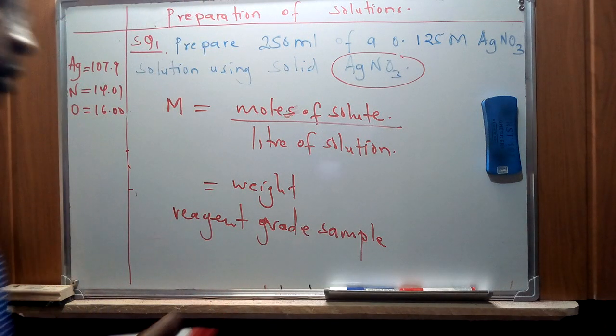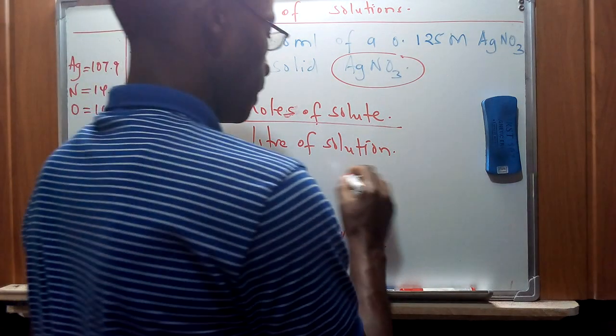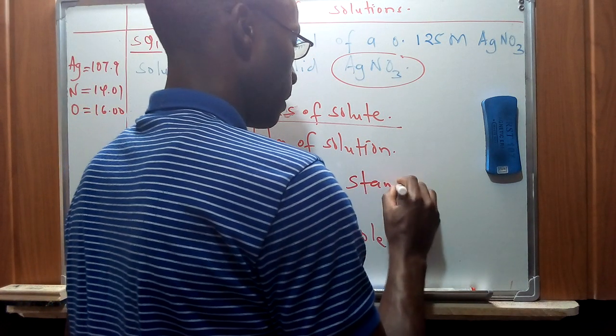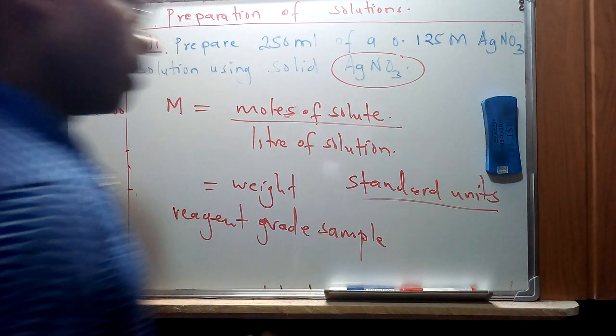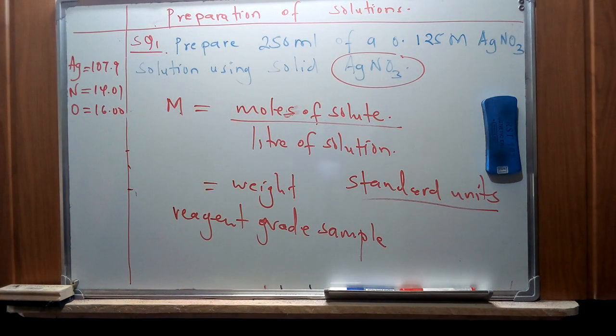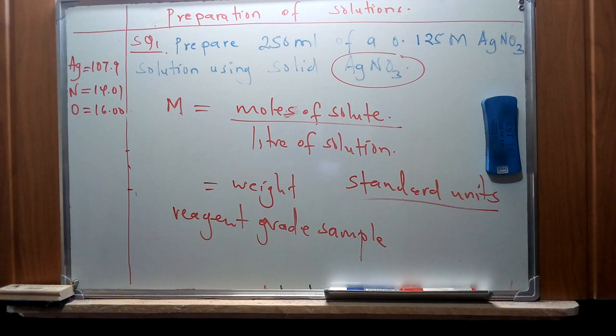Now, when we were talking about the concept of measurement in mathematics, we said that there is a point of reference, or what we call a standard, units for various aspects of measurement, like the distance, the mass, etc. And in our case, we have what we call reagent grade substances, which are substances of high purity, suitable for laboratory and analytical research.